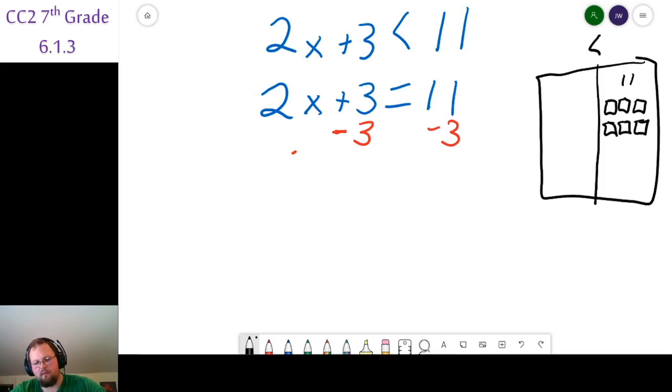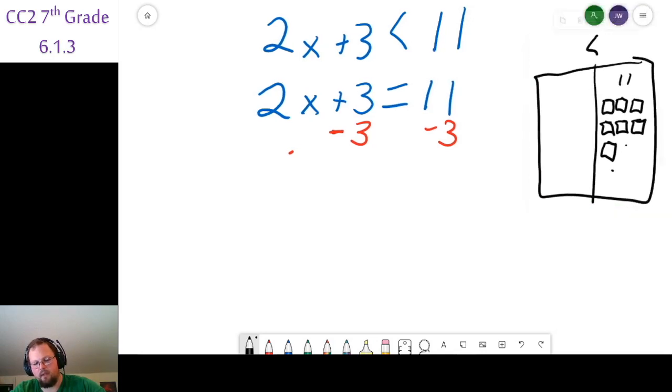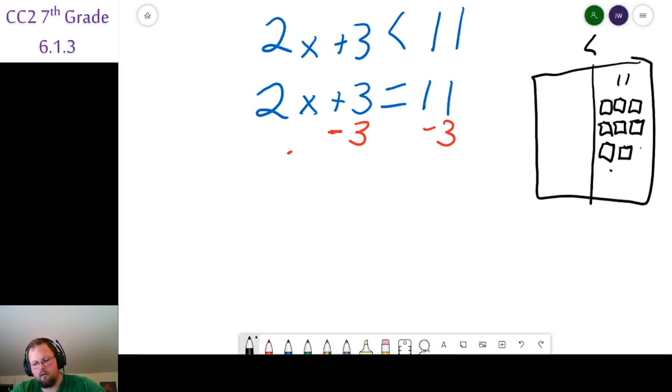It's because, first of all, it starts to take forever. Even just sketching out these 11 real quick is going to be a problem. Okay, maybe I should have picked a smaller number. And then on the left side you have a 2x, which were these longer x tiles, and then a 3.